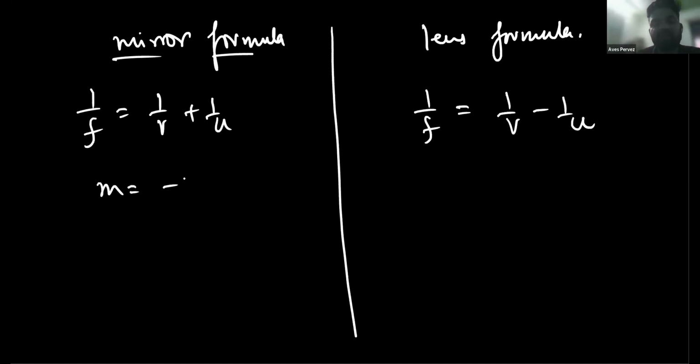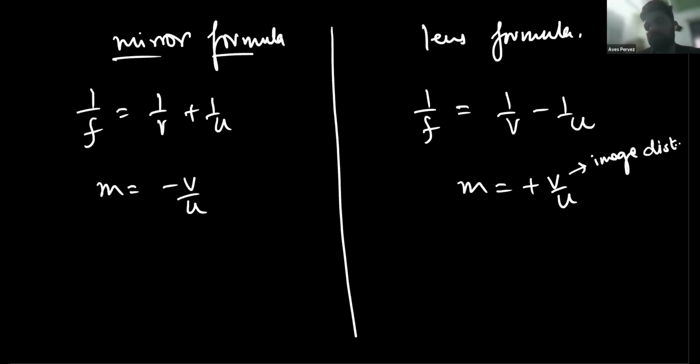In the magnification for the mirror, we have minus v by u. Here in the magnification, we have plus v by u. You are very familiar that v is the image distance and u is the object distance. Got it? You understood? Yes, sir.